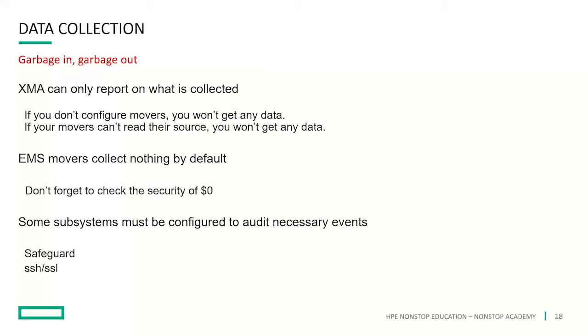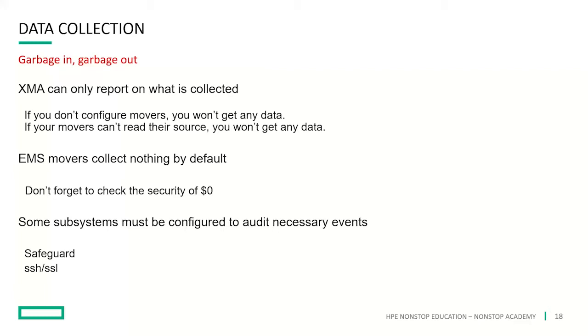One thing that's in the documentation that most people tend to skip over, though, is the EMS movers do not collect anything by default. All the other subsystems, Safeguard, HLR, ITP Web Server, things like that, we pull in everything by default for all the XYGATE modules and things like that, because all of that data is security related. We know that. They're security subsystems.